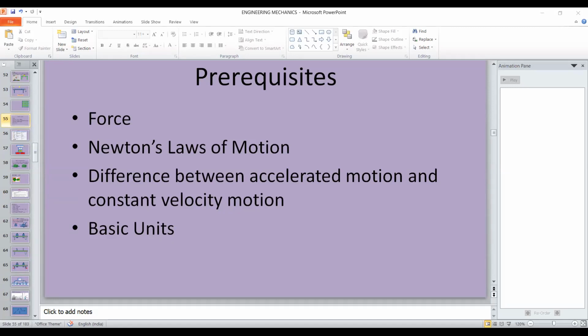This pulley is frictionless. This dead weight is nothing but the external force F. Here we can change the weight and we can change the value of force.